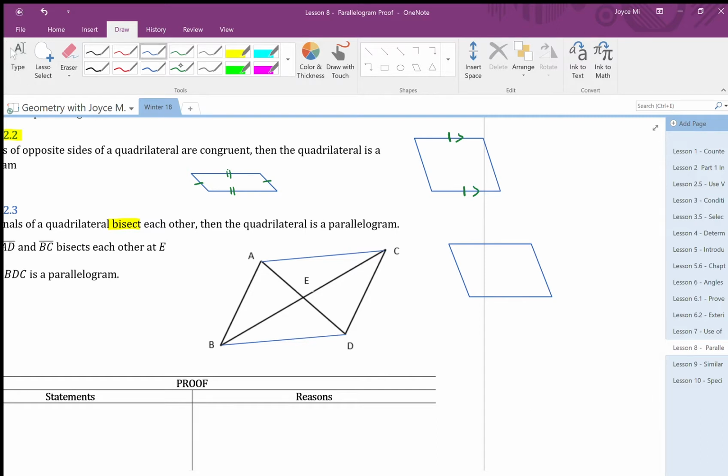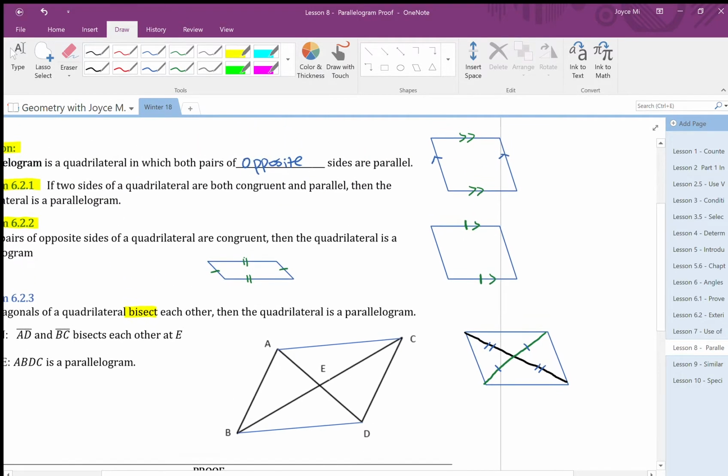Let's draw the diagonals. If the diagonals bisect each other, they cut each other in equal parts, so this one is congruent to this one, and this length is equal to this length. Then it is a parallelogram.